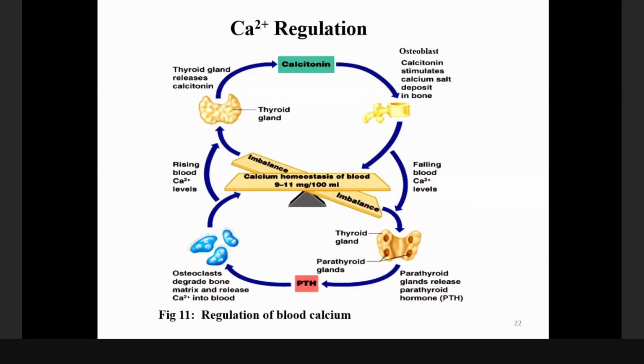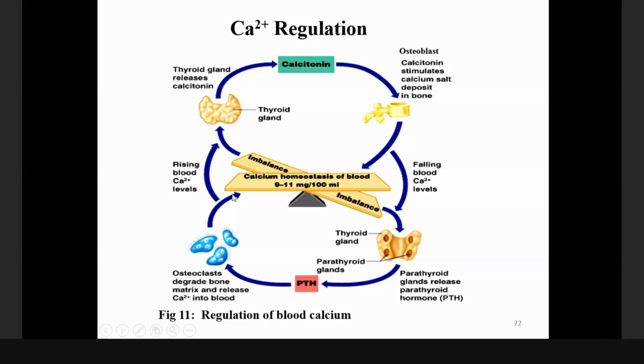The other is the regulation of calcium. Your body needs calcium, and that calcium should be maintained constant, and that's called calcium regulation. So, what are the components involved in calcium regulation? We should assume your calcium gets high or gets less, because there should be a kind of assumption.